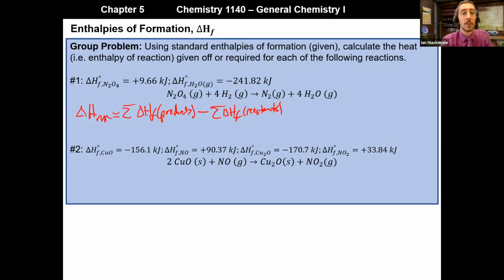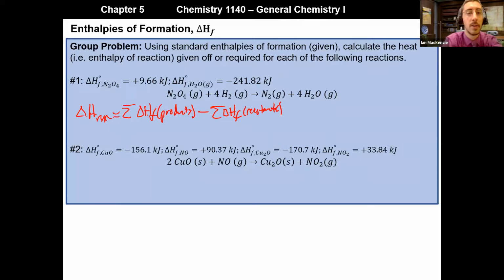Now, if I look here, products are going to be nitrogen gas and water gas. Well, we're given the heat of formation of water, but we're not given the heat of formation of nitrogen. Well, nitrogen is a diatomic element. It's in its elemental form. So the heat of formation is going to be 0 for nitrogen gas.